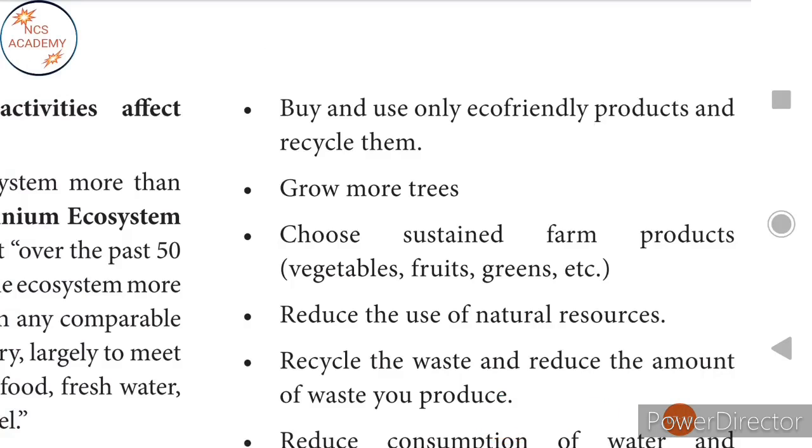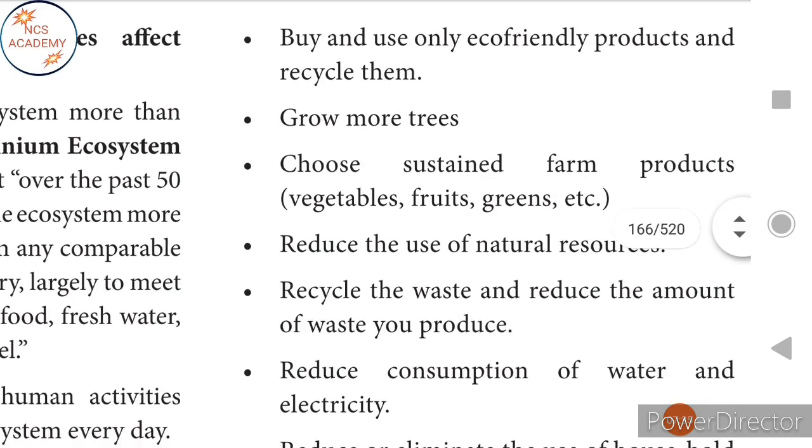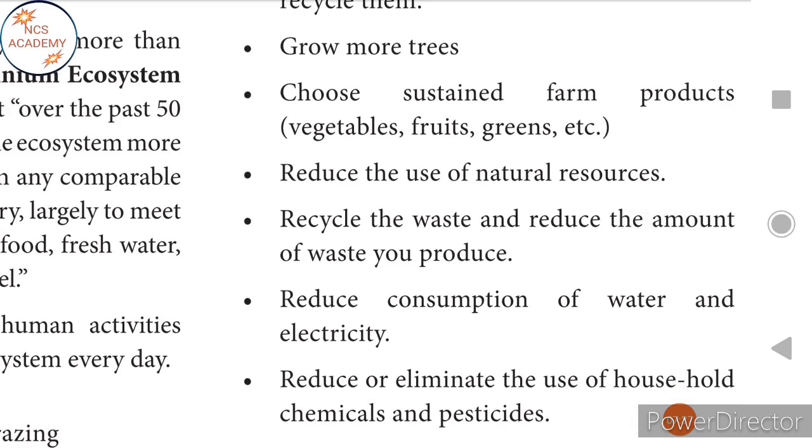Next important question, how will you help to protect the ecosystem as a student? First thing, buy and use only eco-friendly products and recycle them. Second way, grow more trees. Third one, choose sustainable farm products, that is vegetables, fruits, greens, etc. Then reduce the use of natural resources.